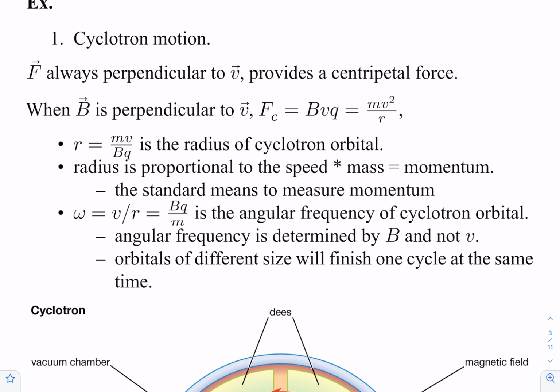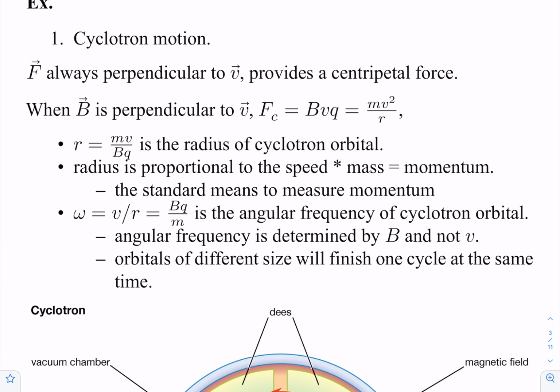So here I try to remind you. You can get the radius of this cyclotron orbit by checking its force. The Lorentz force is qVB.